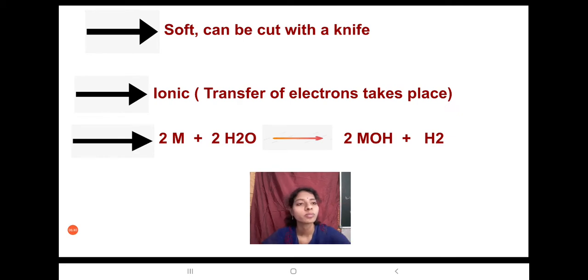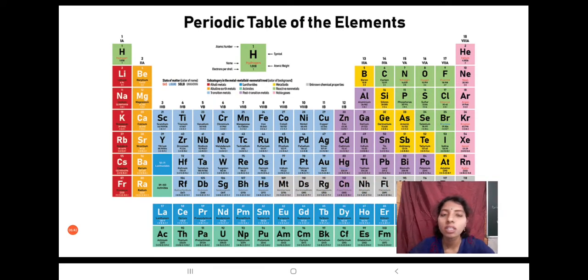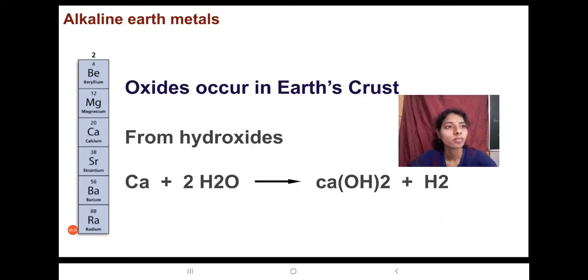Then come to the 2A group elements. For the 2A group elements, what is the valency? We know the valency of 2A group elements is 2. So see here, we can call these 2A group elements alkaline earth metals.